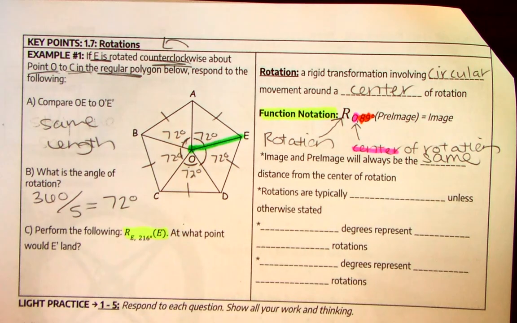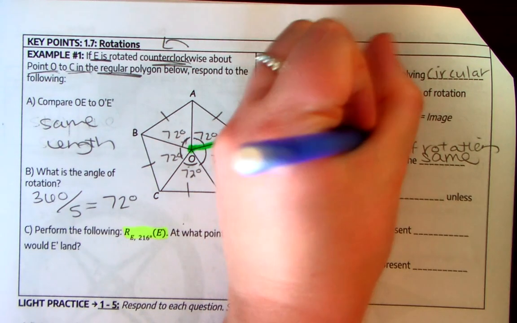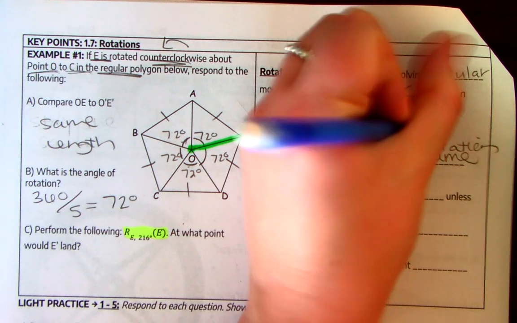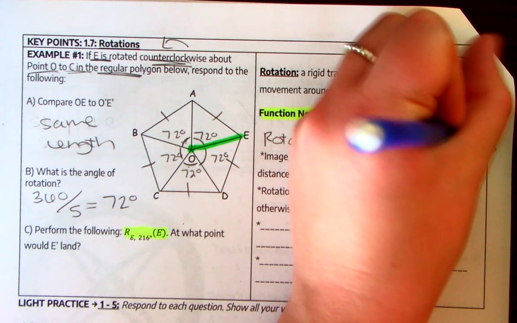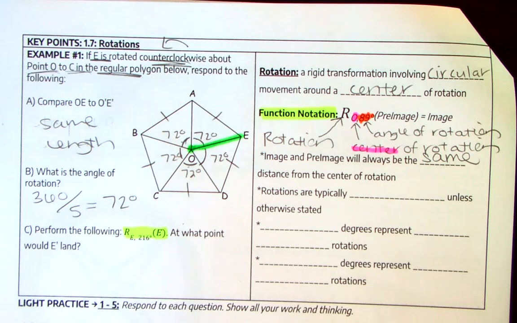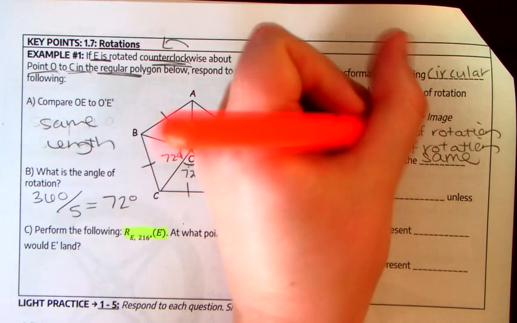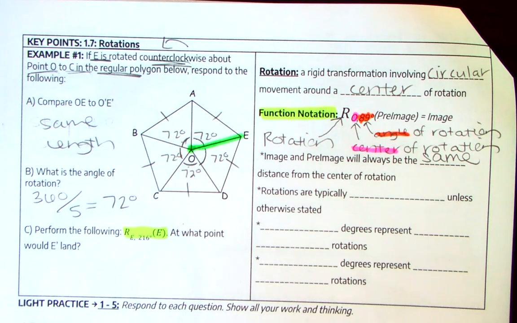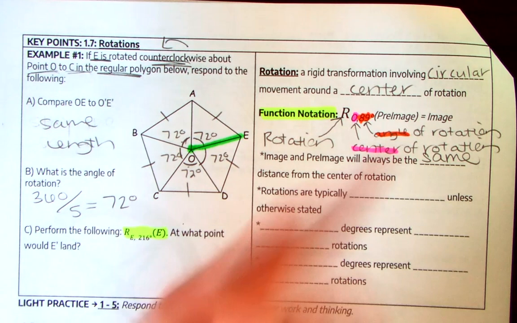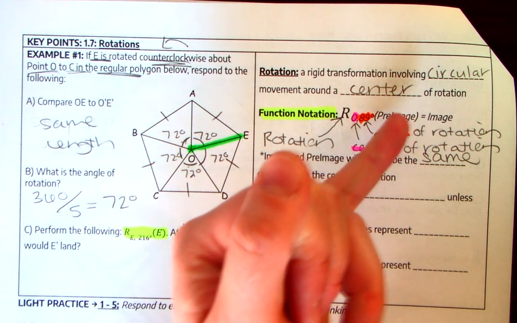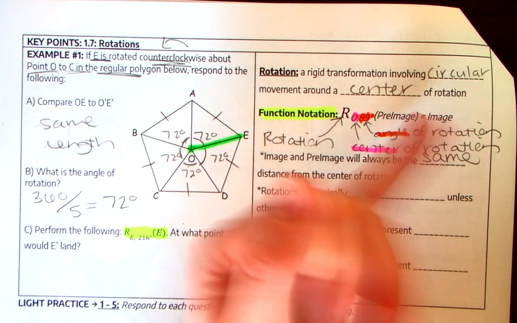That is the angle of rotation. So that first letter is the center, and the degrees there are the angle of rotation. And then you put in parentheses what shape am I spinning, to equal what new image.